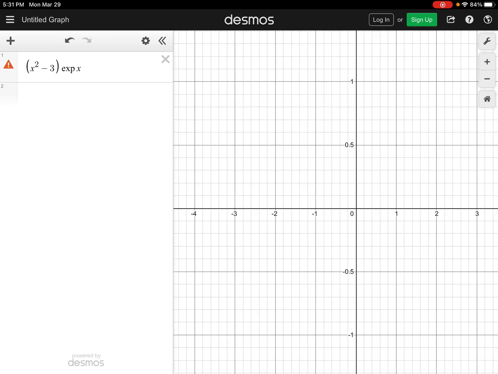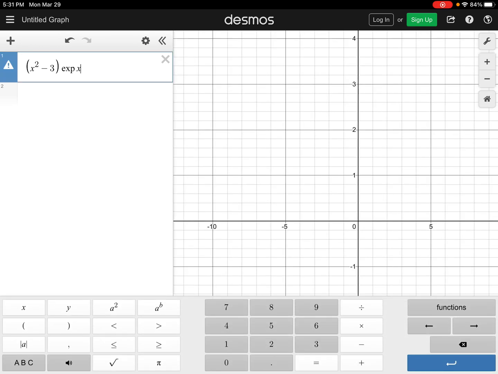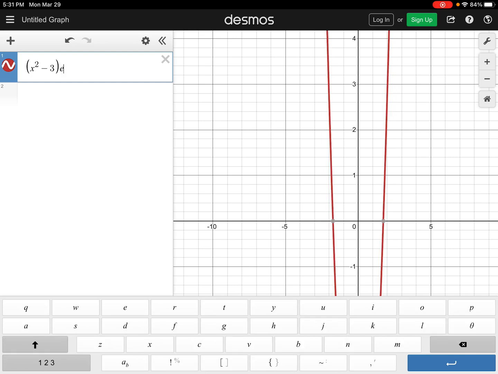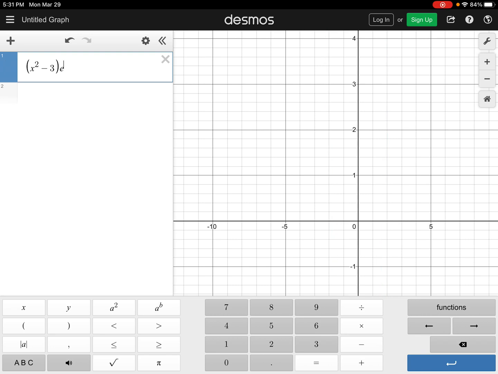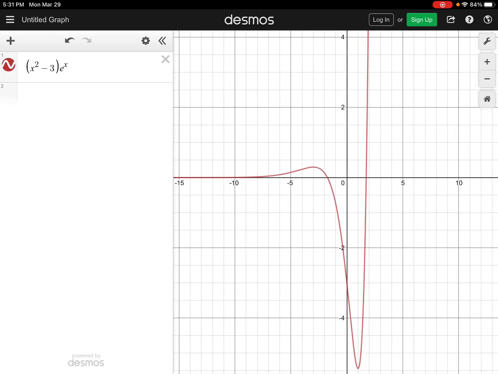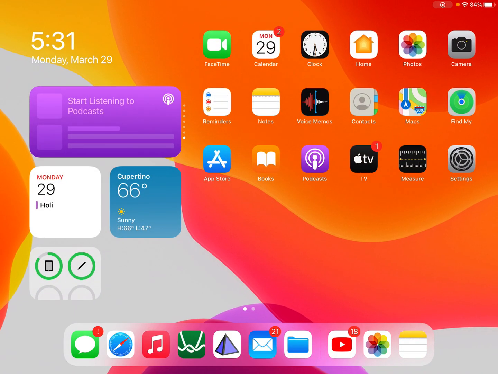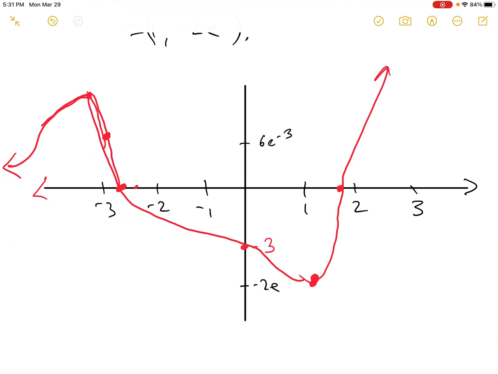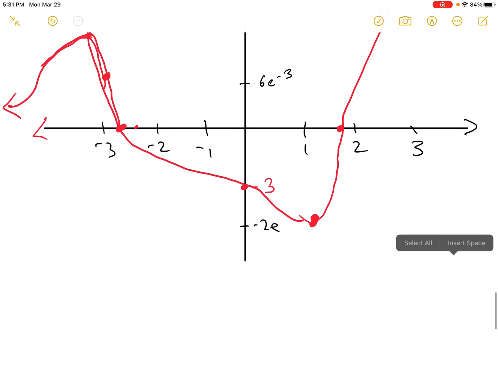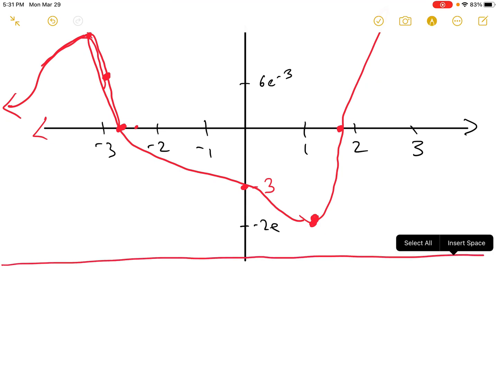Does that work? That's not bad. Let's go back to mine. So let's see if we can. Yeah, same. All right. Well, hopefully you got that. Maybe not the graph. We'll learn how to clean this graph up better in the days to come.